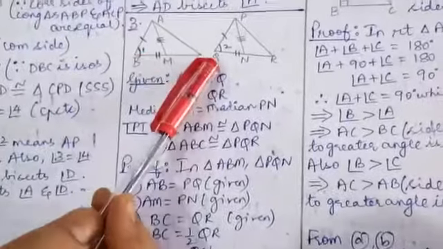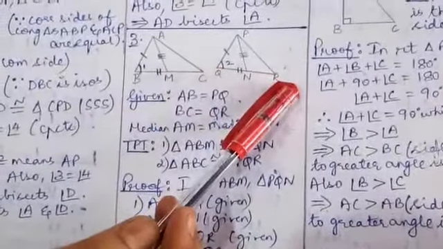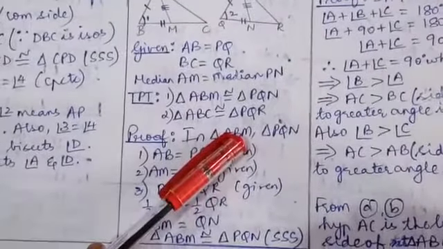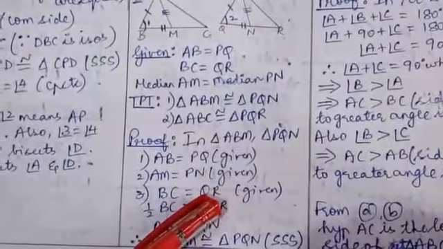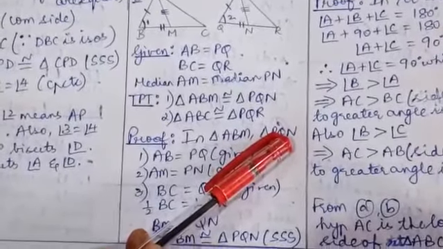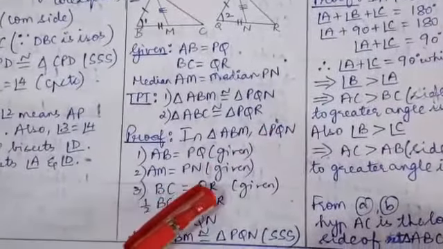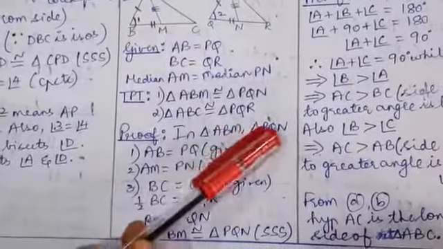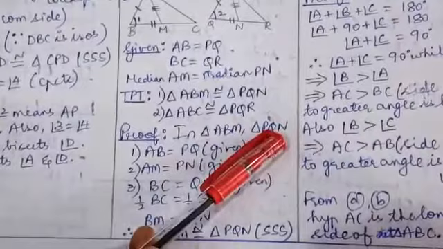We know that BC is equal to QR, but BC is not a side of this triangle, neither is QR a side of this triangle. So we'll use this information to show that two sides of these two triangles are equal.